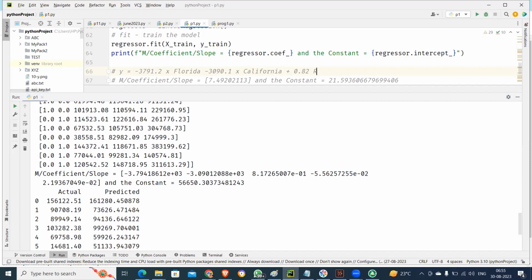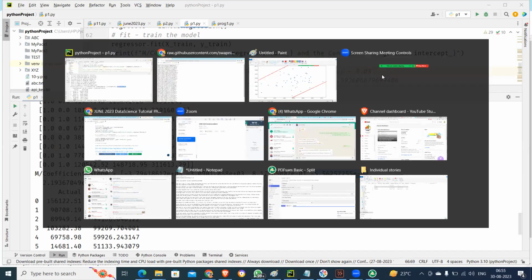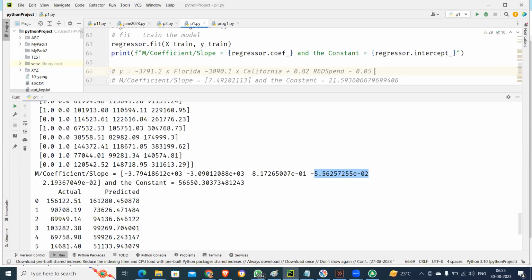Next, minus 0.05, right? And this is the second column, admin spend.